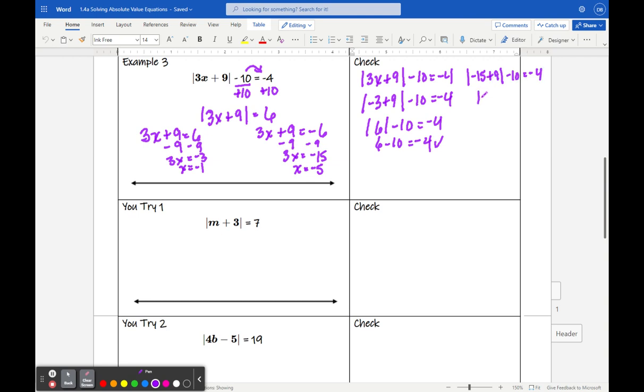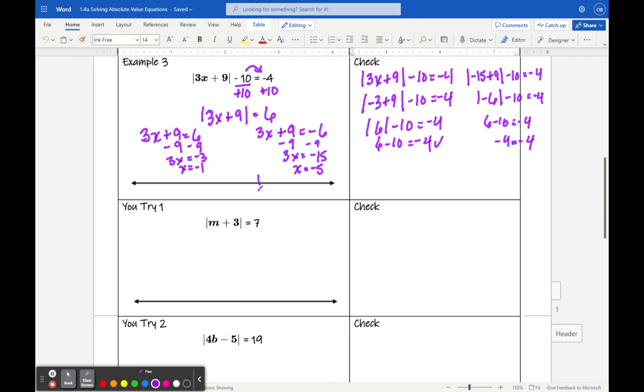Negative 15 plus 9 is a negative 6. So the absolute value of negative 6 minus 10 is a negative 4. The absolute value of negative 6 is 6. 6 minus 10 is equal to a negative 4. So negative 4 equals negative 4. That works also.